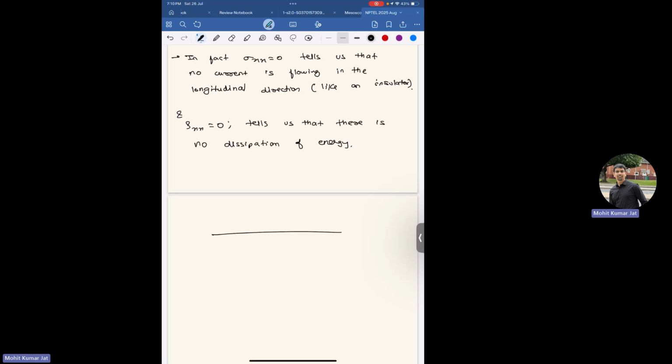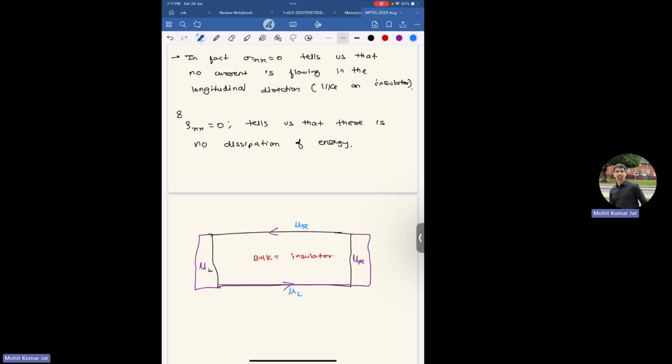So what you have is, for example, this sample: its bulk will be insulator. Its edges will be conducting. So there will be one edge like this, and there will be another edge like this. If this is mu left and this is mu right, the chemical potentials, this edge will always be at mu right potential.